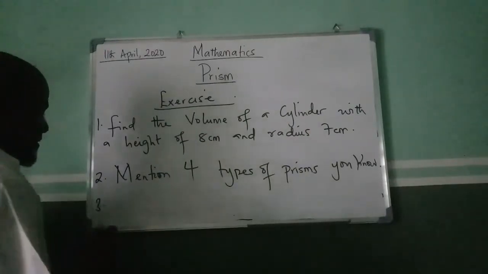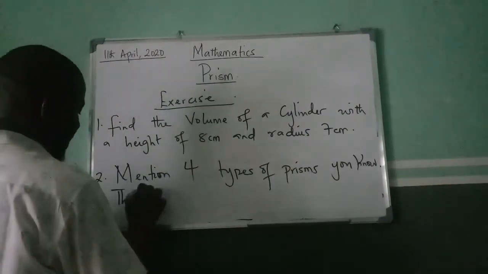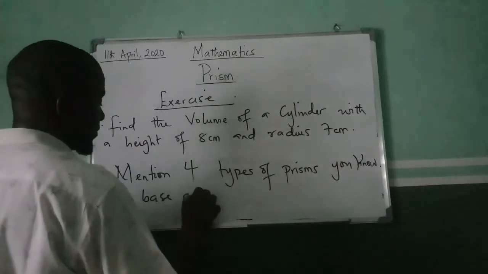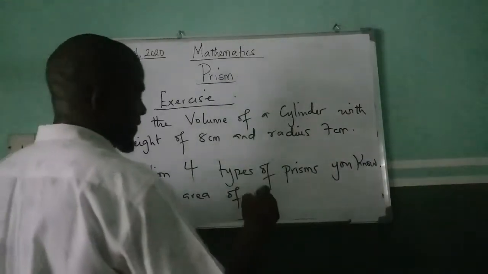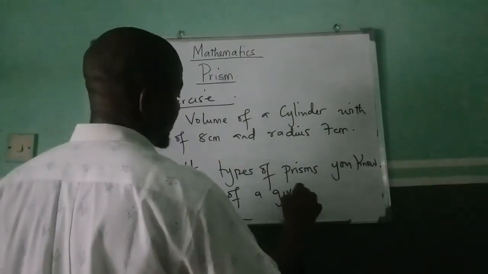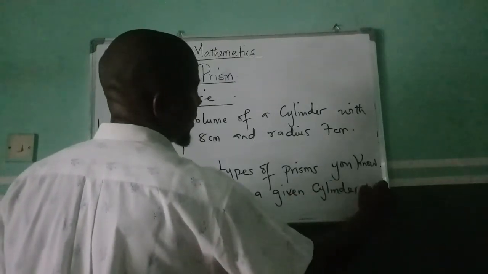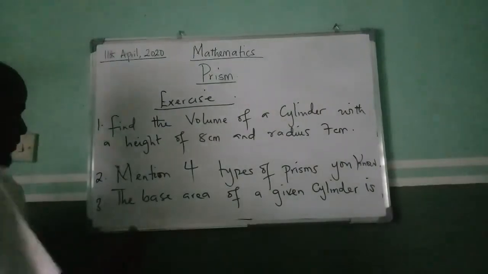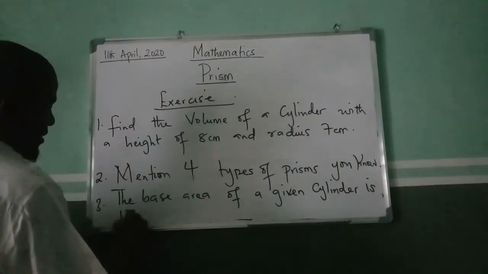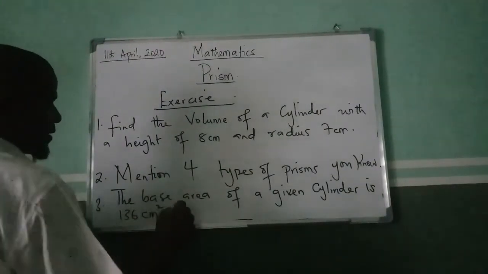The third one is the base area of a given cylinder is 136 centimeters squared.